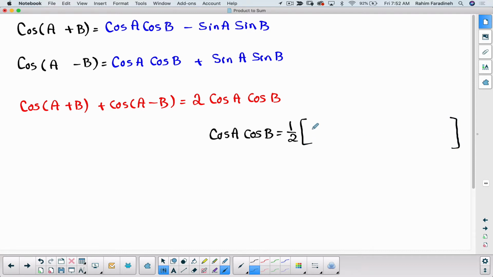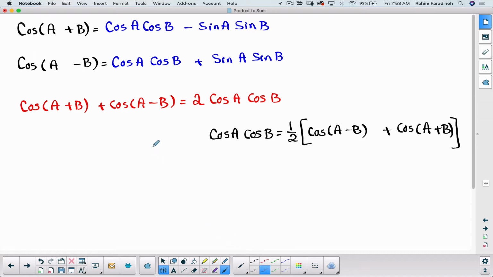For consistency, I'm going to put cosine of a minus b first. So this is a formula for if we have the product of two cosines, we can write it as the sum.